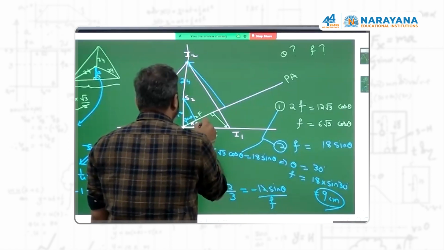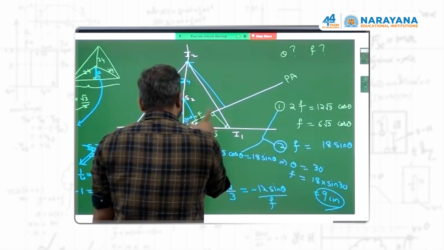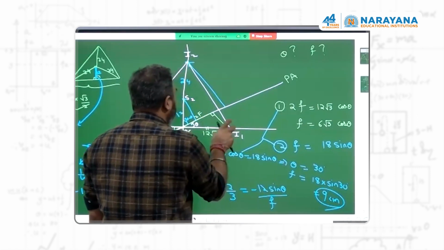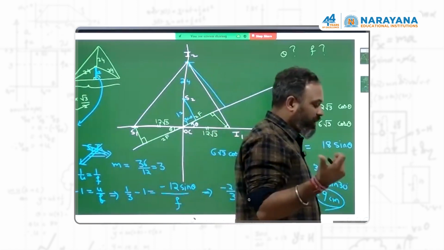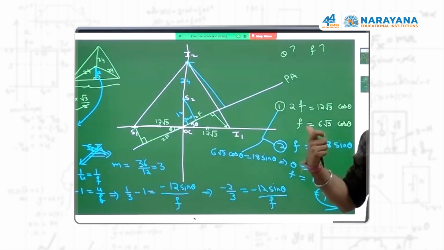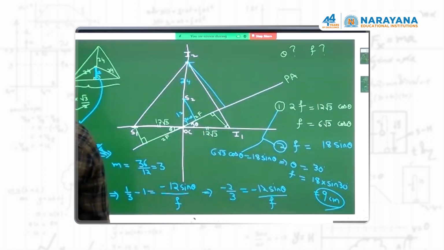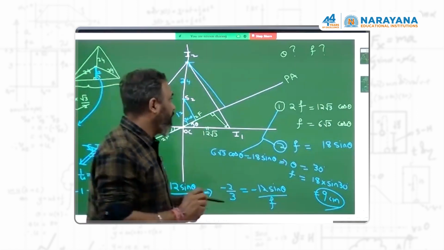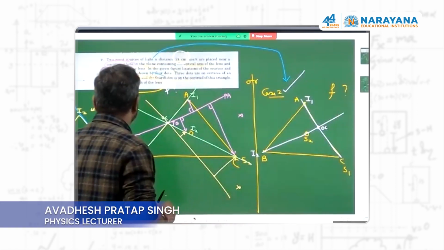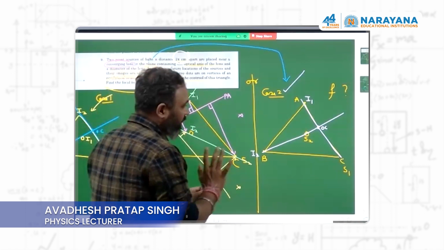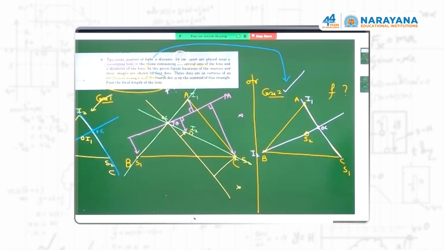It can be at some theta. It may coincide with these axes, but that we cannot assume. So to begin with, you have to take some theta. And the question paper setter can definitely point these things, the angle of the principal axis or the focal length. Obviously, in this question, he was only interested in the focal length. So I think the analysis of the question would be clear to all of you, right?